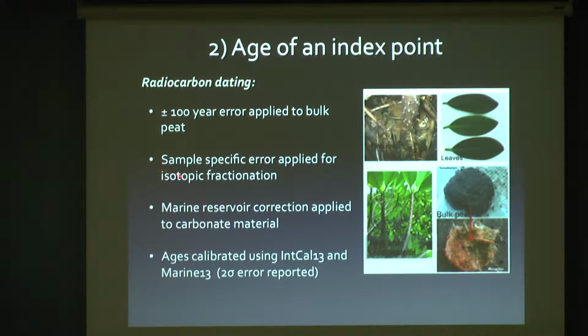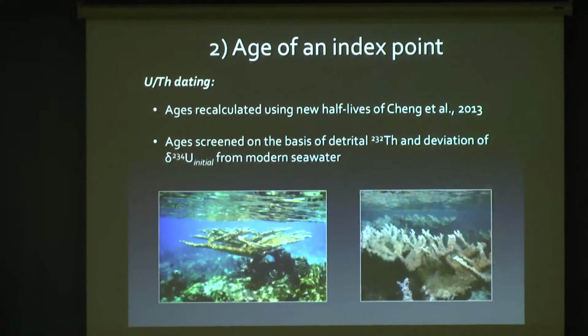We apply a sample-specific error for isotopic fractionation for each of these samples. For samples that come from marine carbonates, we apply a reservoir correction when appropriate or when available. And then we combine all of these errors, take that error plus laboratory error, and calibrate them using the most recent IntCal13 and Marine13 calibration data sets.